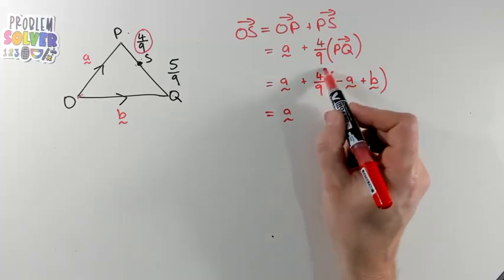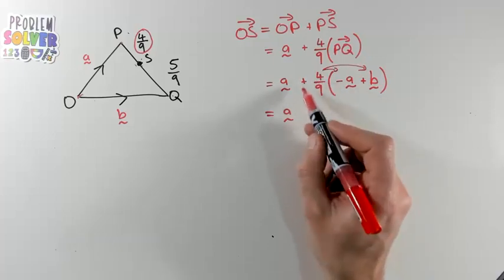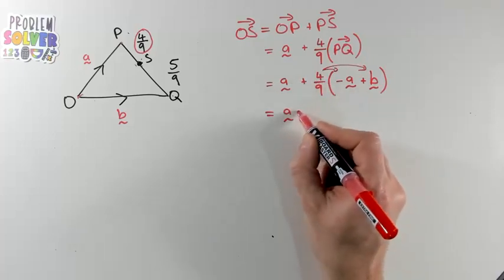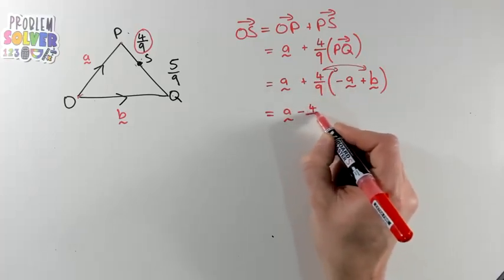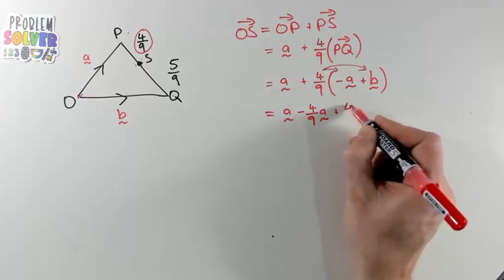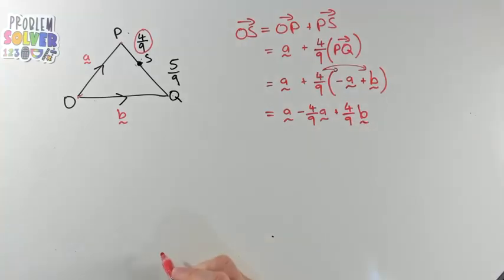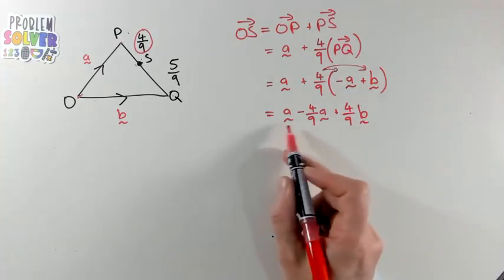Then I can just write this out as A, and I distribute. So this is just expanding brackets. A plus times a minus is a minus, so that's minus 4/9 of A, and plus 4/9 of B. And then this is just algebra.